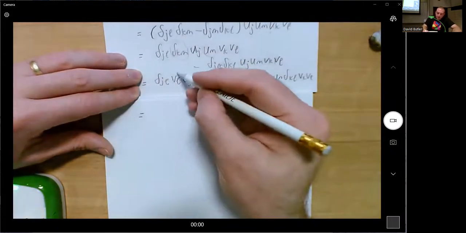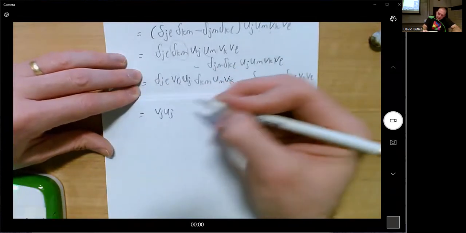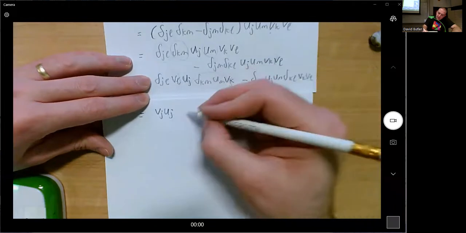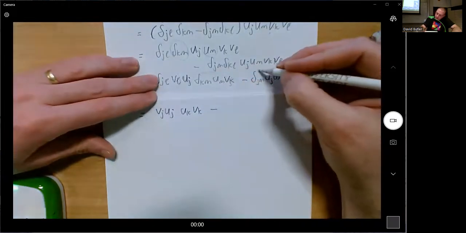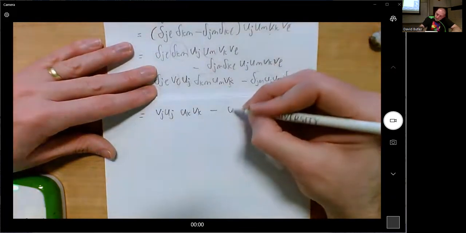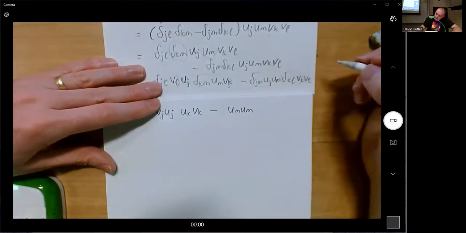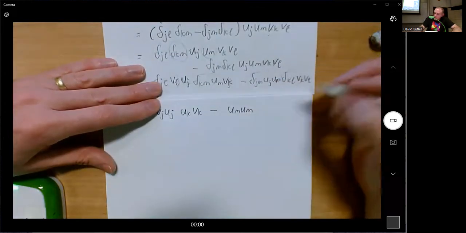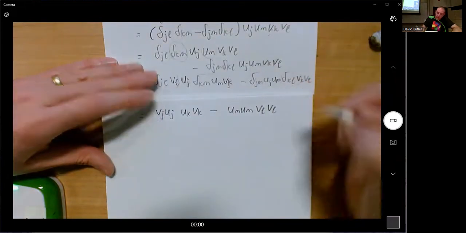So now I've got, this is going to turn that L into a J. I've got VJ, UJ. And this is going to turn that M into a K. I've got UK, VK. And this is going to turn that J into an M. I've got UM, UM. And this is going to turn that K into an L. I've got VL, VL.